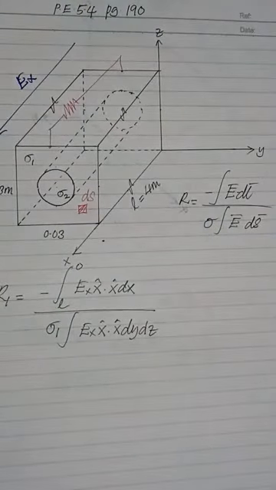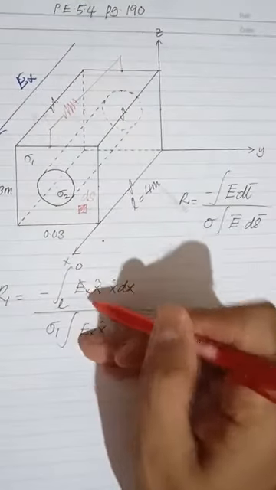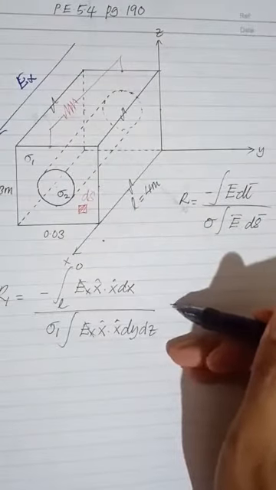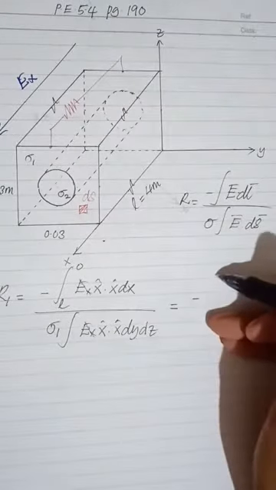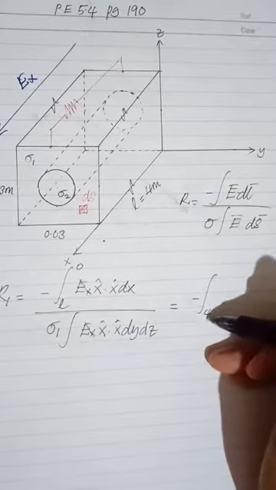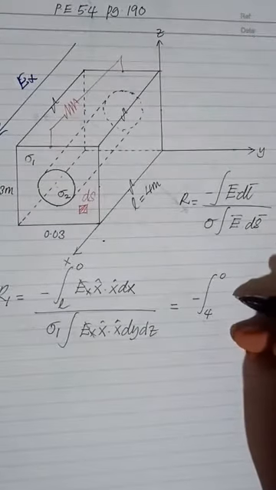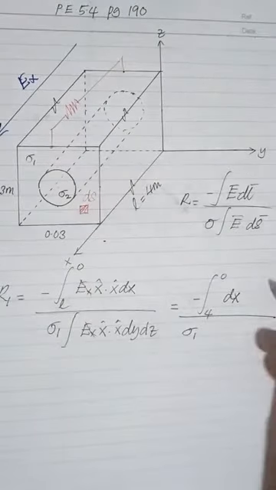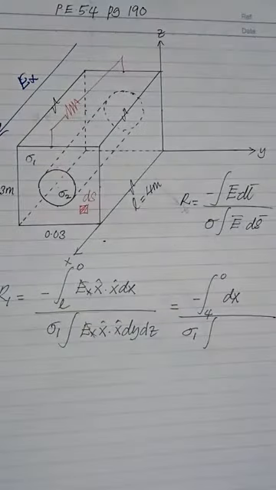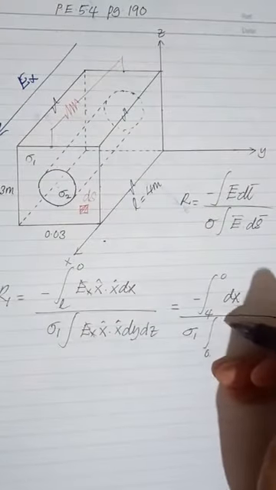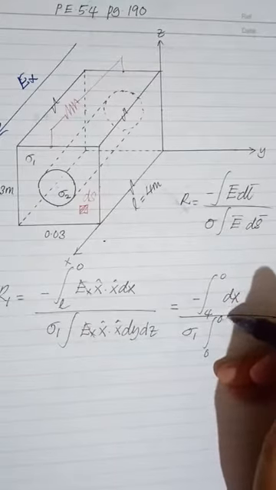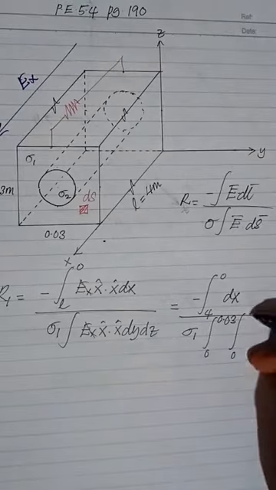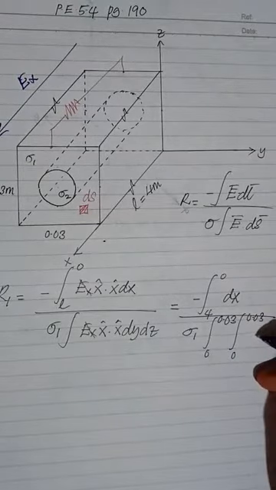Since the E here, guys, is uniform, you can simply delete this E. So now let's substitute all the values. Now we're going to have a negative, the limit here is 4 to 0, and we have dx over sigma 1, and now let's put the limits of dy from 0 to 0.03, and also for dz from 0 to 0.03, guys, dy dz.